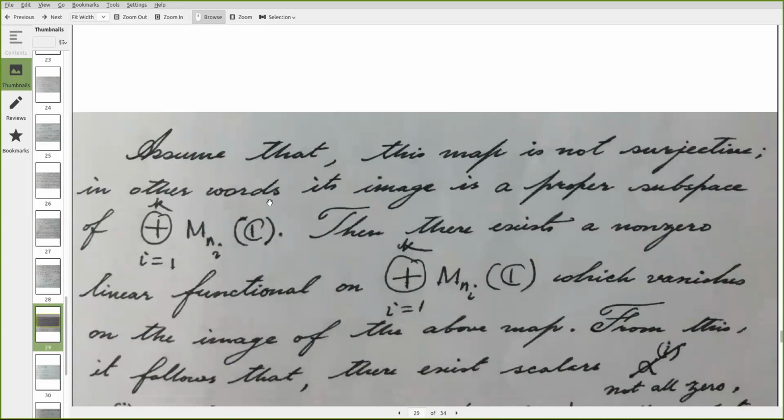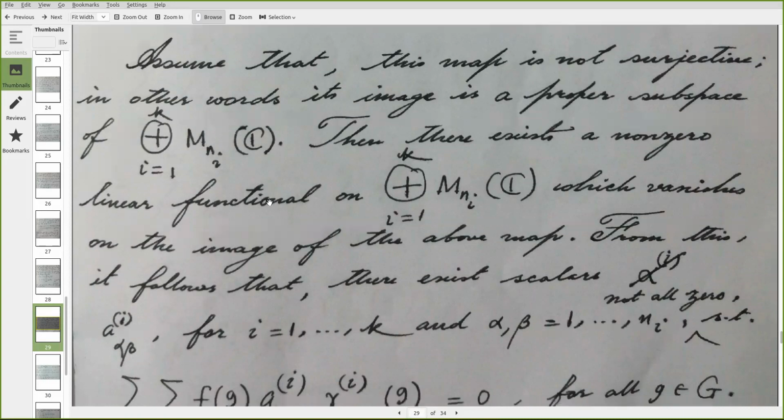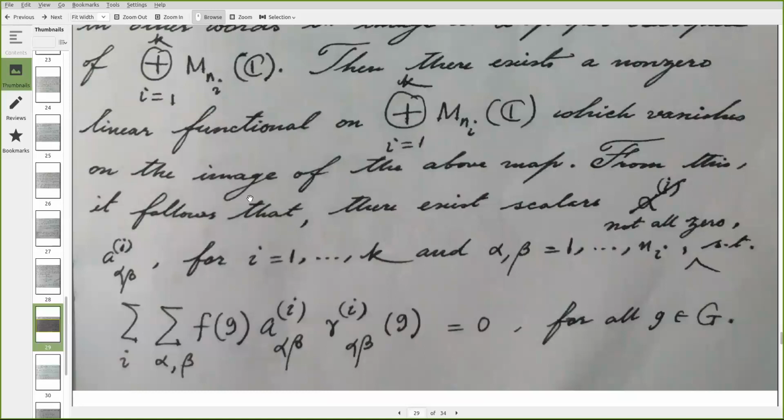So assume that the image is a proper subspace, then there will be a linear functional defined over this to C which vanishes identically on the image. Now it is very easy. So what is this?